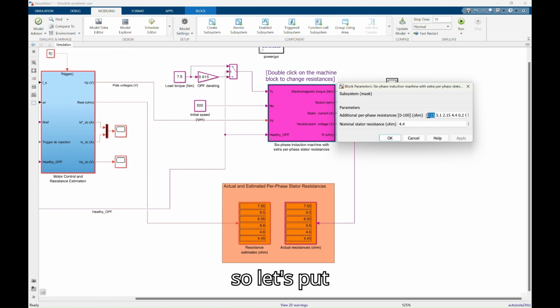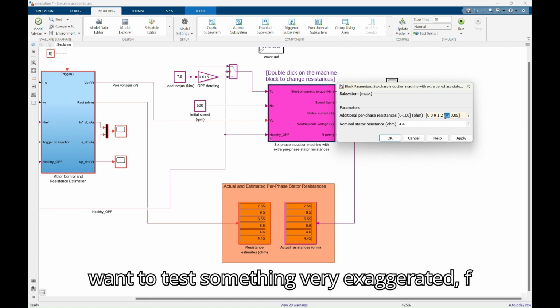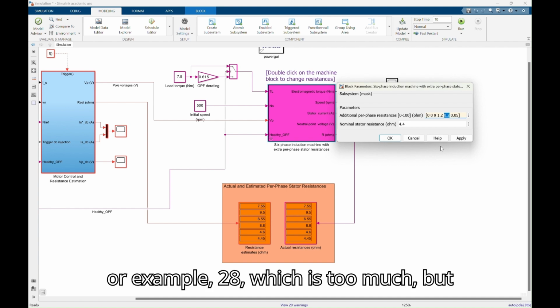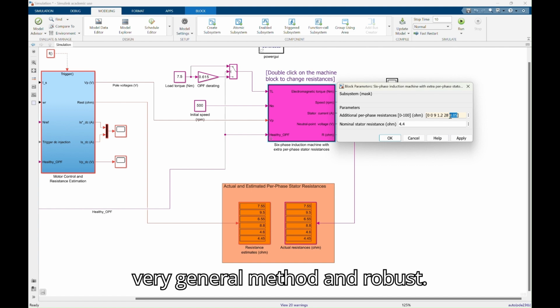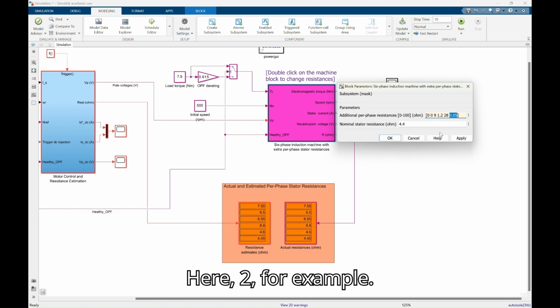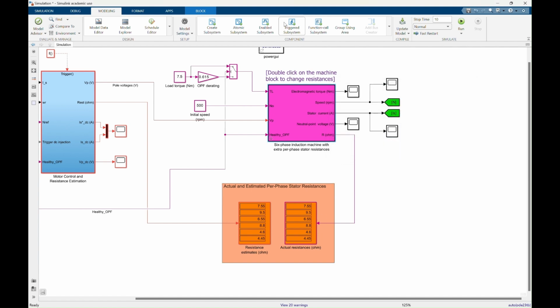So let's put here, for example, 0, 0, and here 9, and here 1.2, and here, if you want to test something very exaggerated, for example 28, which is too much, but in this manner you can see that the method is very general and robust. And here, let's say 2, for example. So let's run the model again.